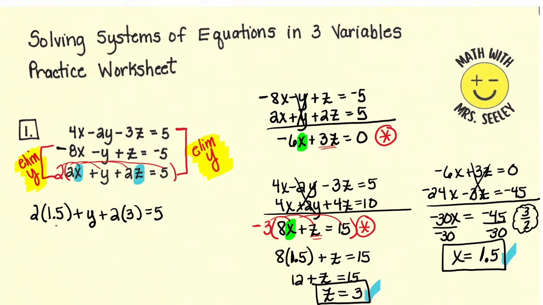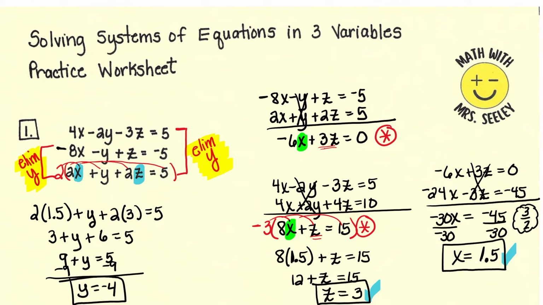Well, 2 times 1.5 is 3, plus y plus 6 is equal to 5. Collect your like terms. 9 plus y is equal to 5. Subtracting that 9 over, and y is equal to negative 4.